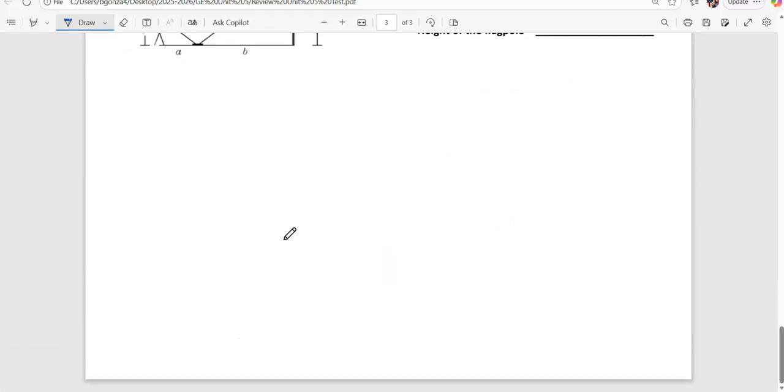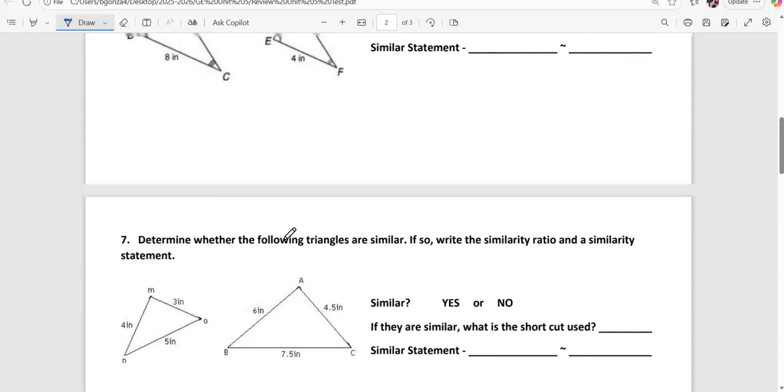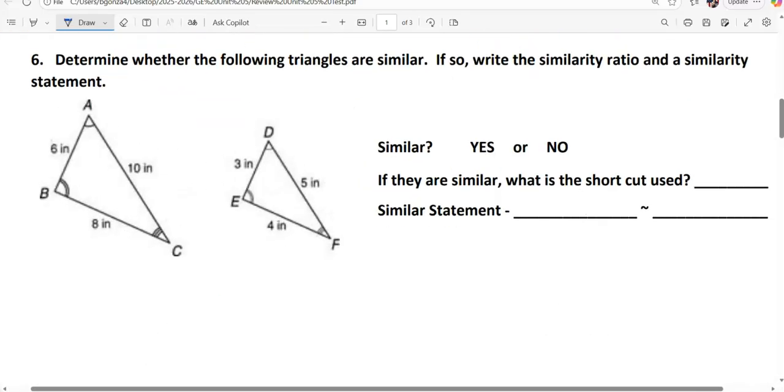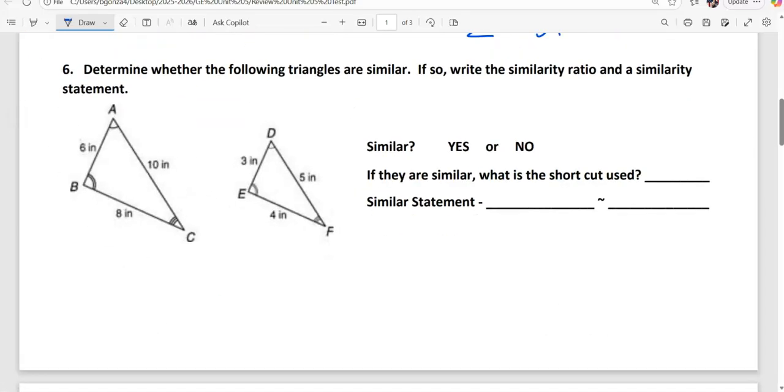You should also be able to tell if two triangles are similar using a similarity shortcut. So looking here, I have corresponding sides. 6 goes to 3, 10 goes to 5, 8 goes to 4, right?